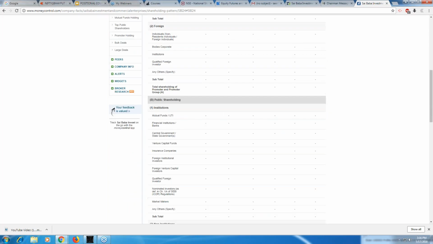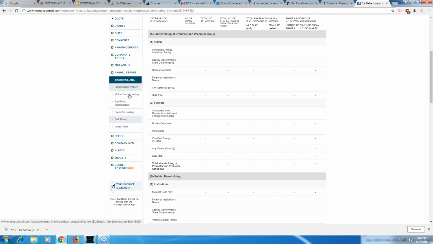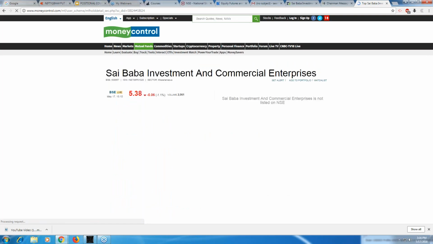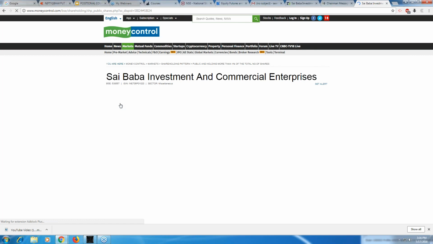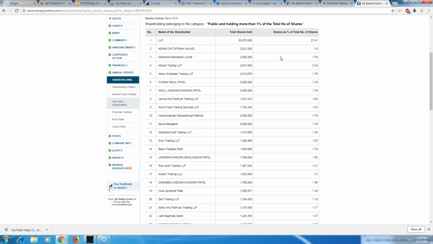So let's see if we can see something in mutual fund holding. I doubt you will find anything in the mutual funds holding. There's nothing. Yeah. Top public shareholders. There are, this is LLP.